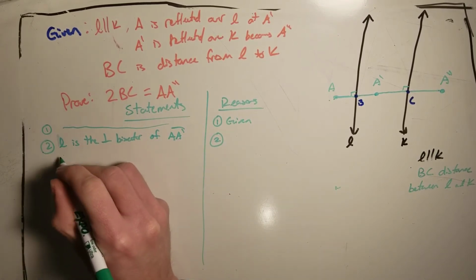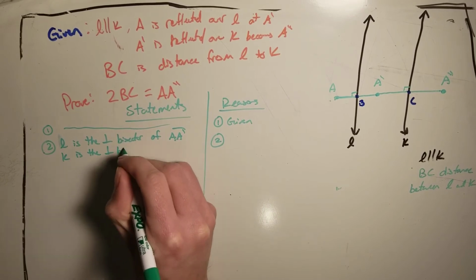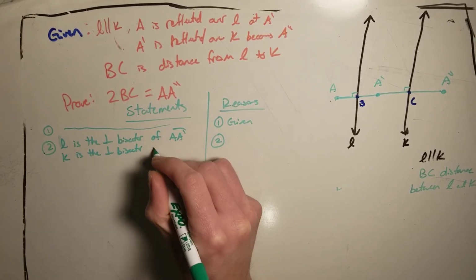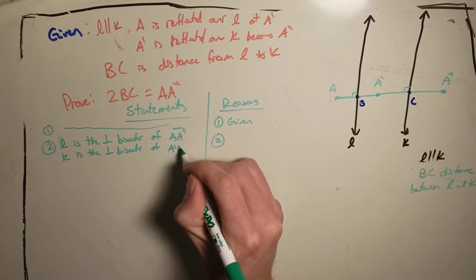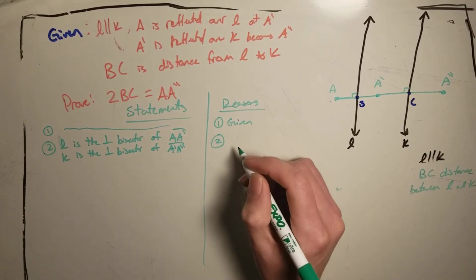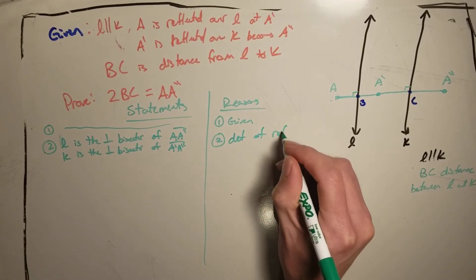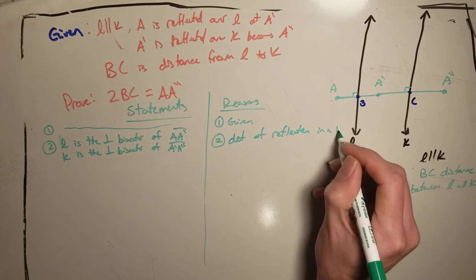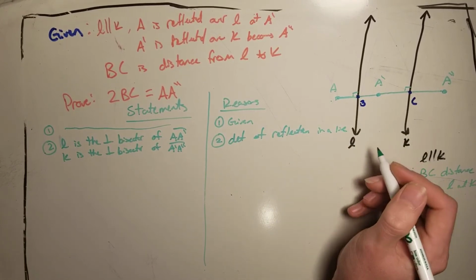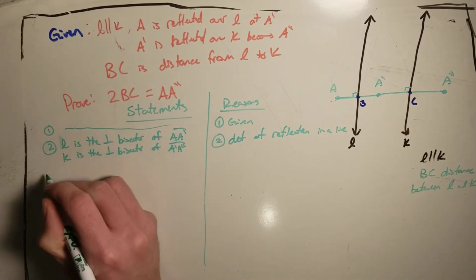And we also know that K is the perpendicular bisector of A prime to A double prime. We know that by the definition of reflection in a line. So the line you're reflecting over is the perpendicular bisector of your preimage and your image.